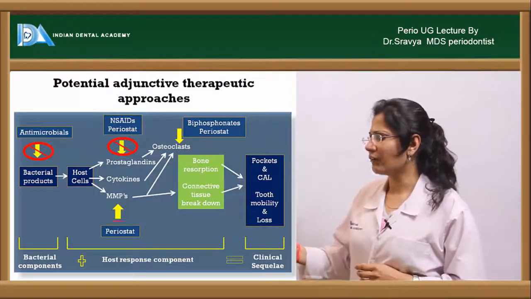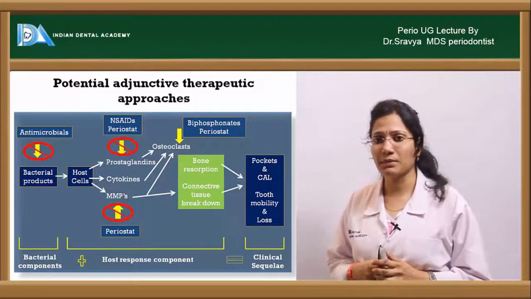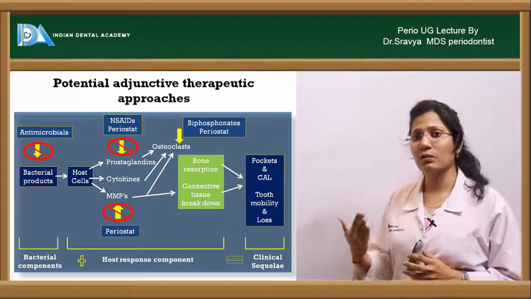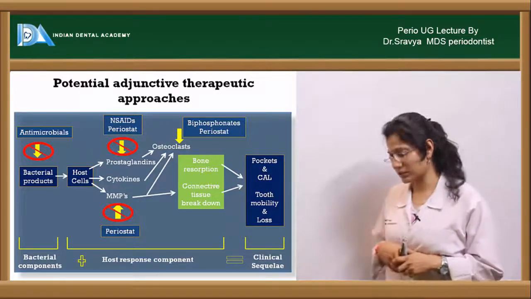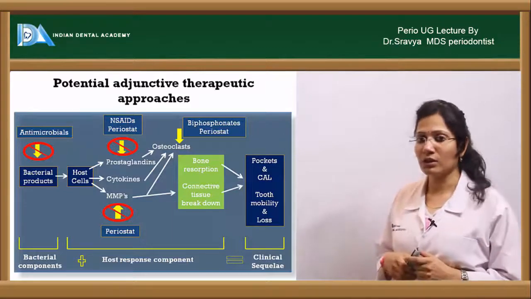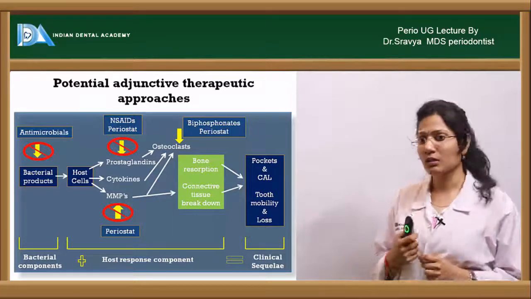Now let's see where we have to inhibit the MMPs. Periostat, at a sub-antimicrobial dose of doxycycline, will help in blocking the synthesis of MMPs, or it will help in inhibiting the MMPs.